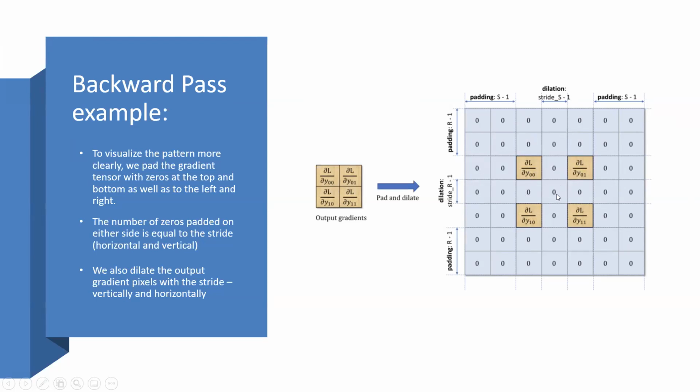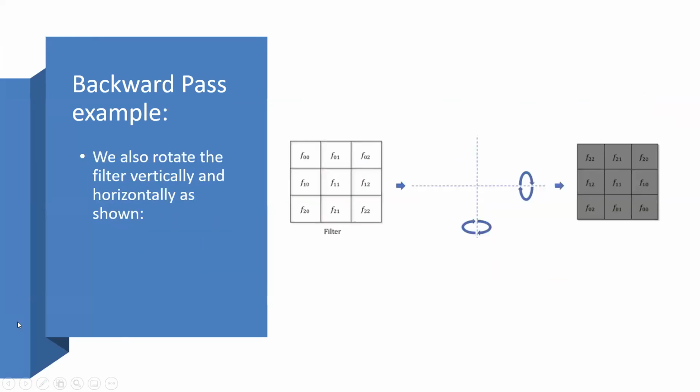You use the same formula as previously to find how many zeros to pad up, down, left, and right, and then you dilate it. This is how the upsampling is going to look. And then the same thing with the filter, whereby we flip it vertically and horizontally as shown.